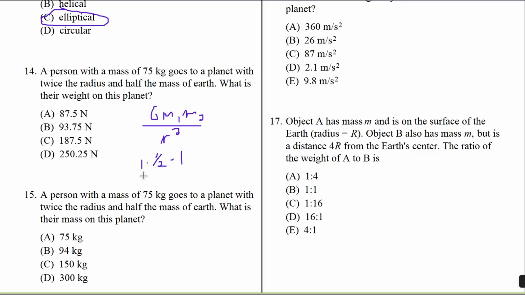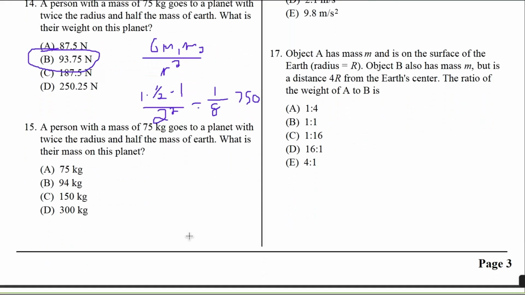This mass doesn't change, and then the radius is going to be twice the radius, squared. So this ends up being 1 over 8 times 750. So it's 1/8 of the original weight, which is 750. If we plug all these numbers into the calculator, we end up getting 94-ish.